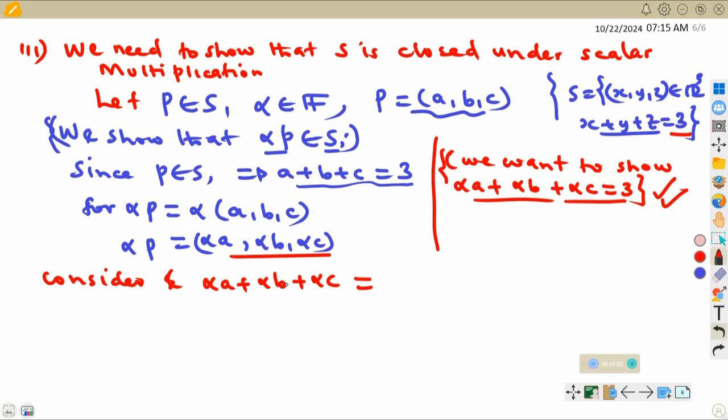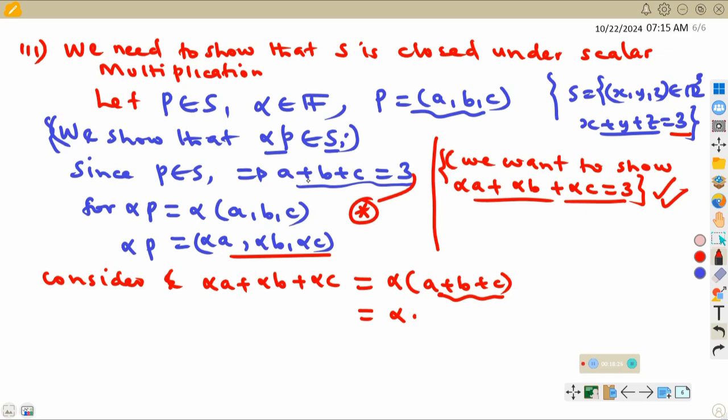Alpha is common, so we can pull alpha out, and we remain with alpha into A plus B plus C. But we already have that A plus B plus C, for example, this is our equation star.